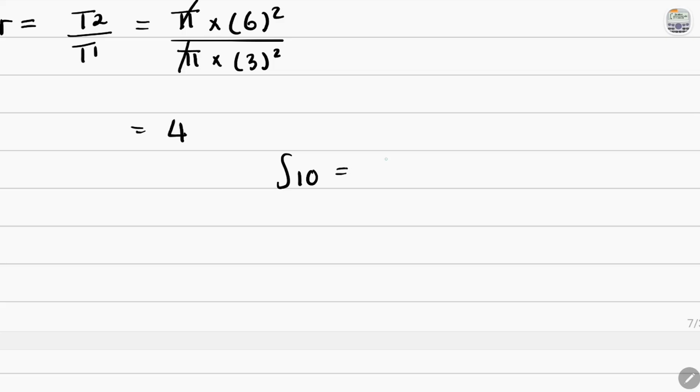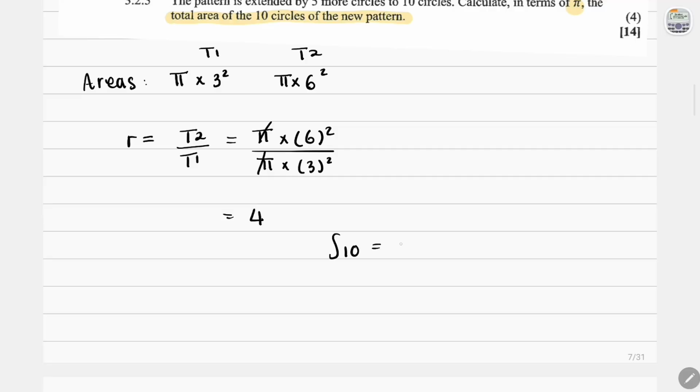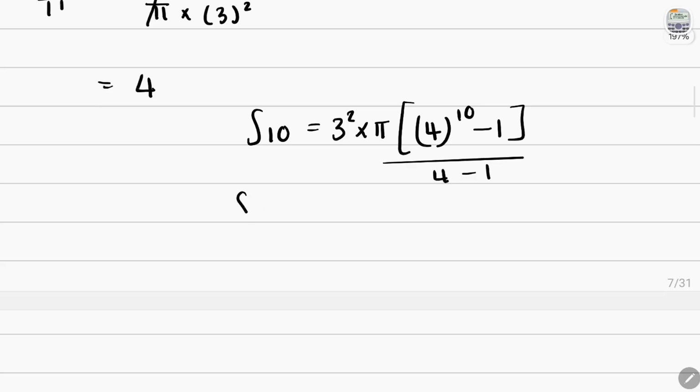The sum of 10 terms is equal to A, and the A value here is all of this, the first term. So we'll say 3 squared times pi, and then multiply by, now our ratio is 4, so 4 raised to the power of 10, minus 1, all over 4 minus 1. And let's find out what the sum of these 10 terms gives us.